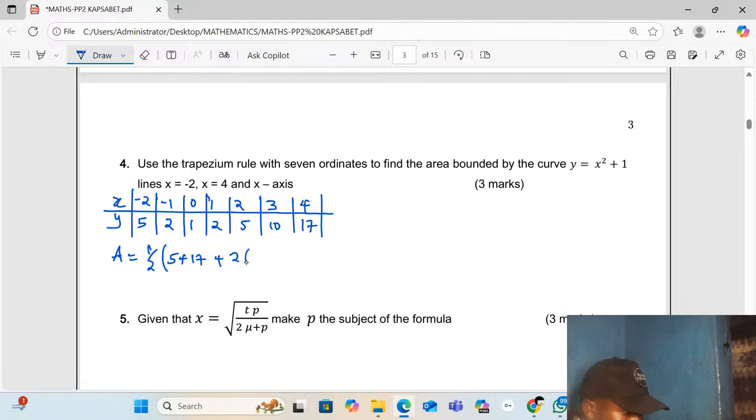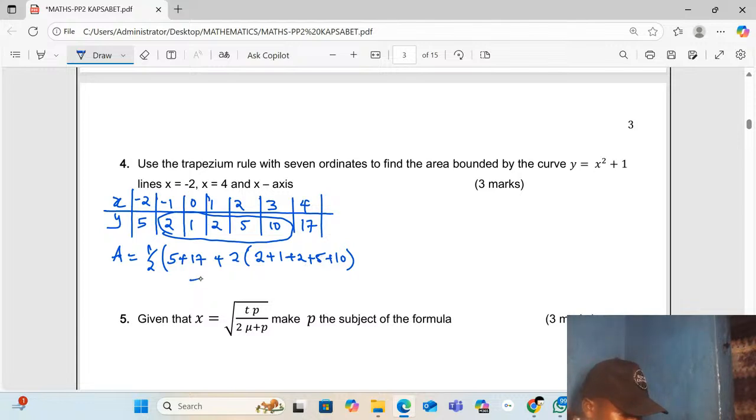2 times the remaining values, these ones: 2 plus 1 plus 2 plus 5 plus 10. So we take half of that, and then we add 2 times 2 plus 1 plus 2 plus 5 plus 10.